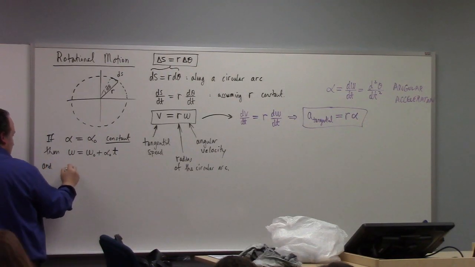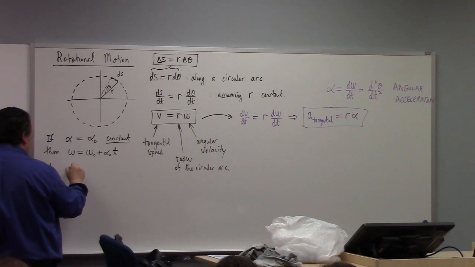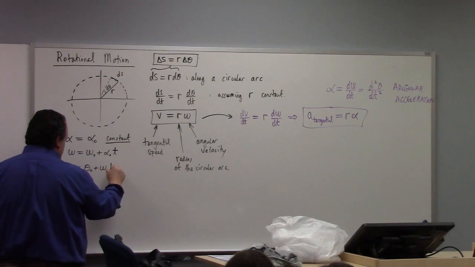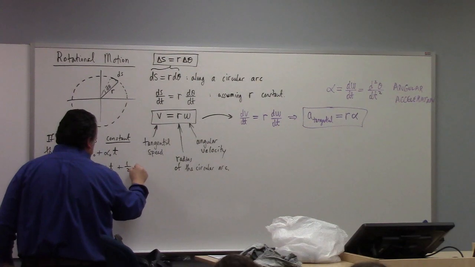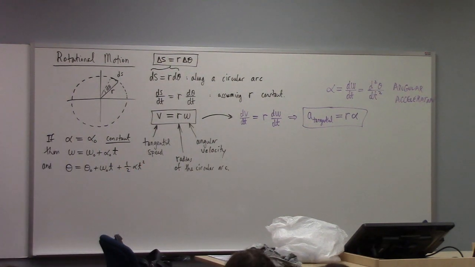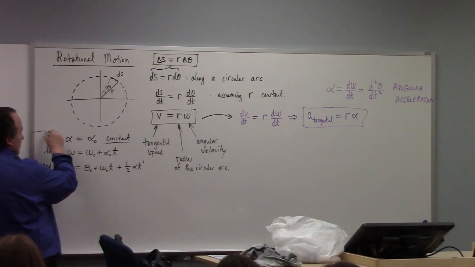And we also have that theta is equal to theta naught plus omega naught t plus 1/2 alpha t squared. How do I get those? I integrate and fit the constant, right? Integrating once gives me the omega formula. Integrating twice gets me the theta formula.